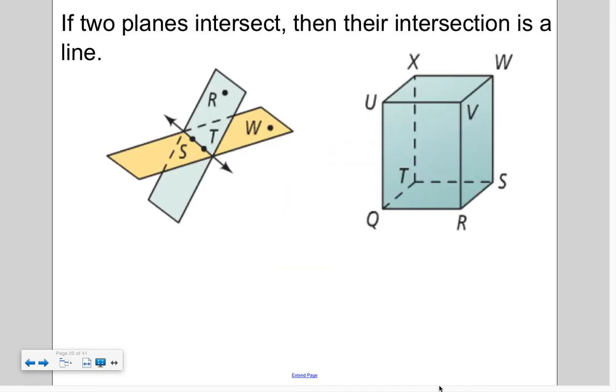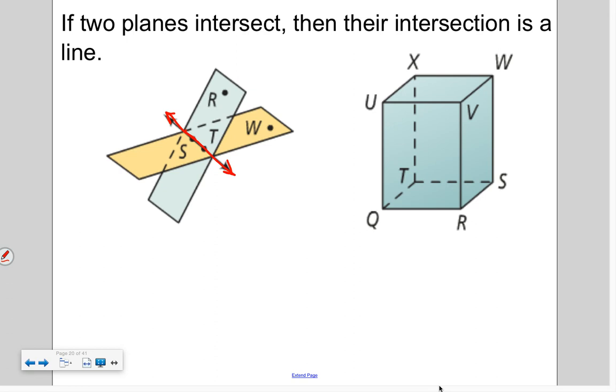If 2 planes intersect, then their intersection is a line. So the example on the left, we have 2 planes. We see that they intersect, and that line of intersection, because these planes go forever in all of those flat directions, this line would extend forever. Line ST would be the intersection of those 2 planes.